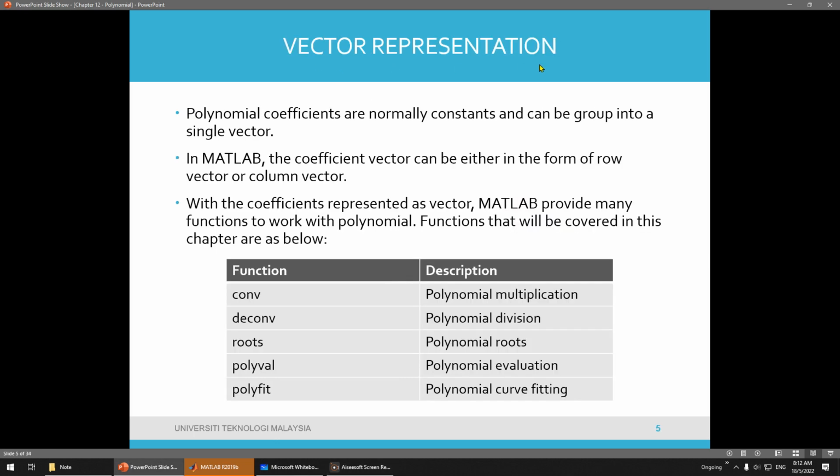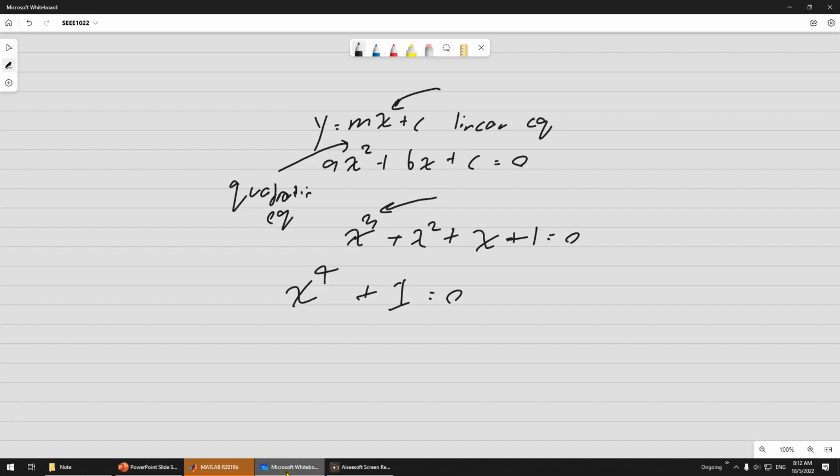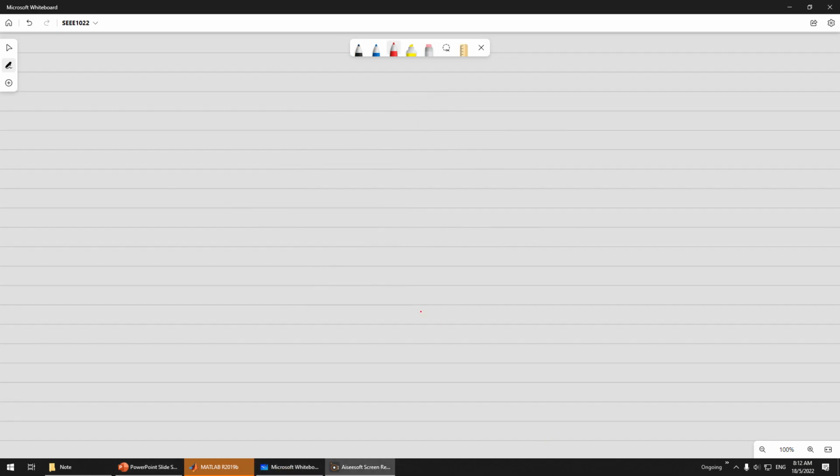So, vector representation. Okay, polynomial coefficients are normally constant and can be grouped into a single vector. So what it means is, for example, you have 3x squared plus 2x minus 1 equals 0.